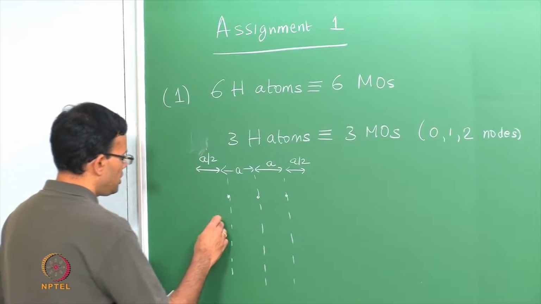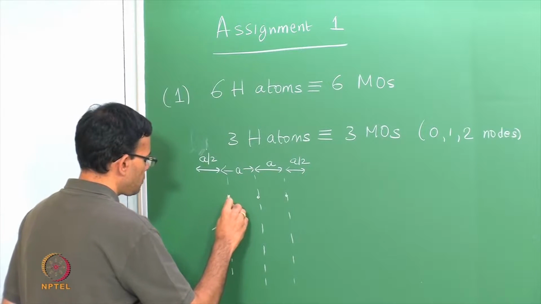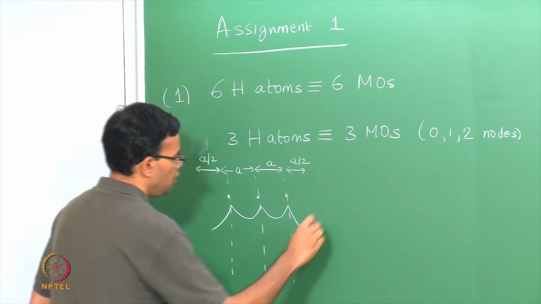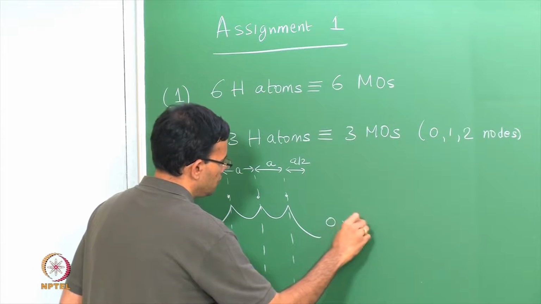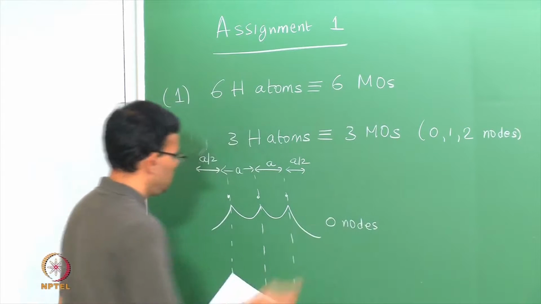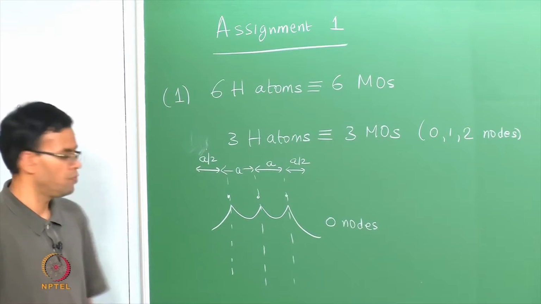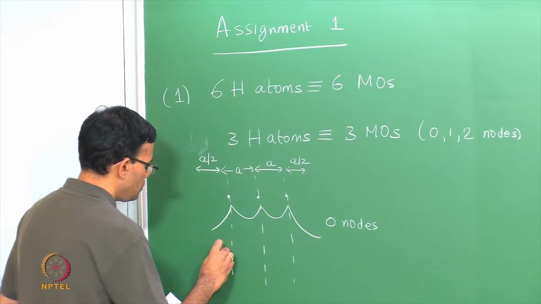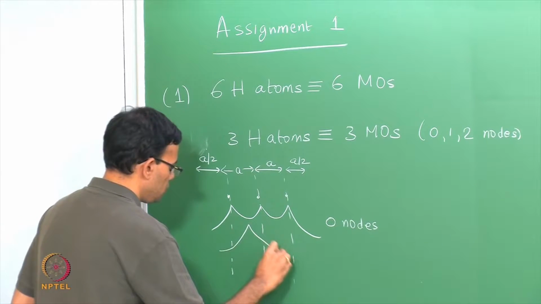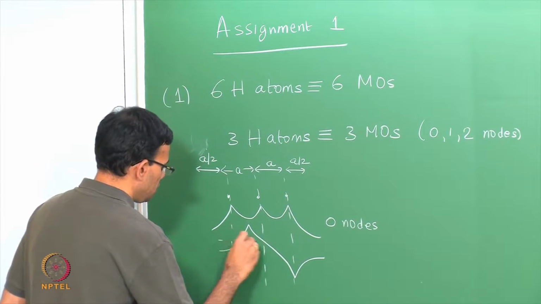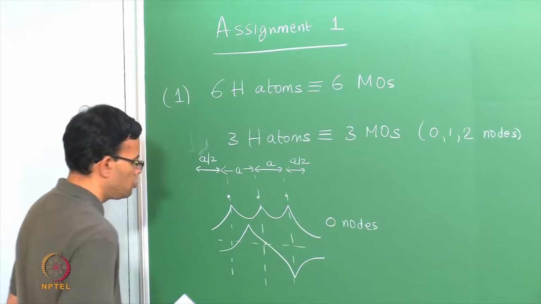In the first case with 0 nodes, we were able to draw something like this. So, this has 0 nodes. Then the next one with increasing energy would be 1 node. In this particular case, the node goes through the center.